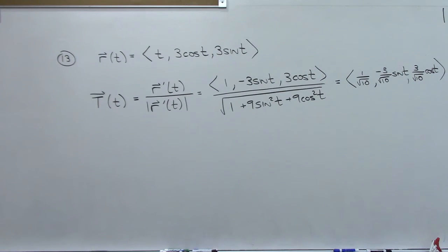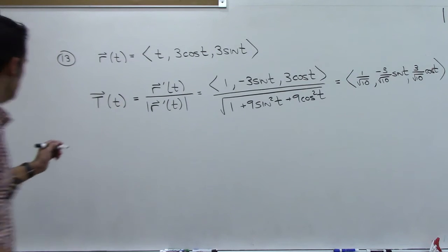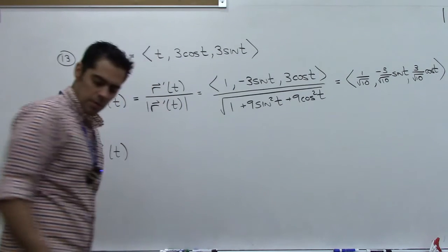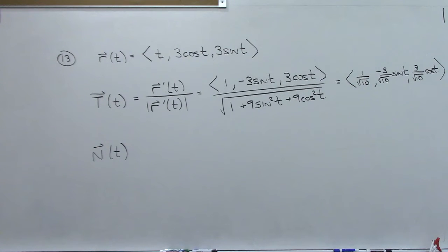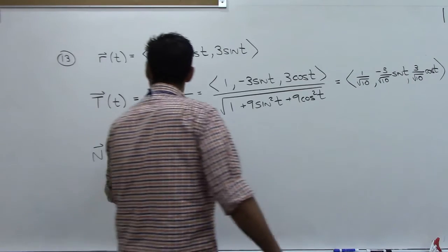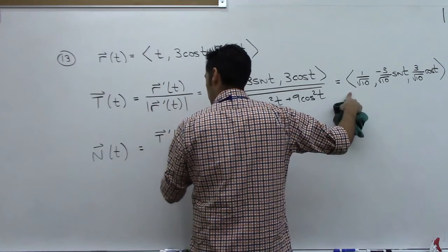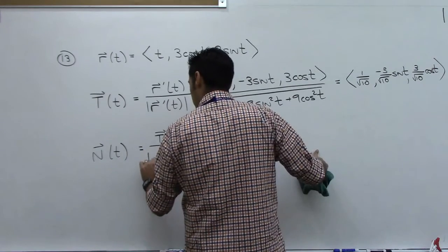Okay, so now I don't ask you for the unit normal vector, but I'm just going to show you how it would be done on this one only. So the unit normal vector is going to be, by the definition, the derivative of this over its own length.